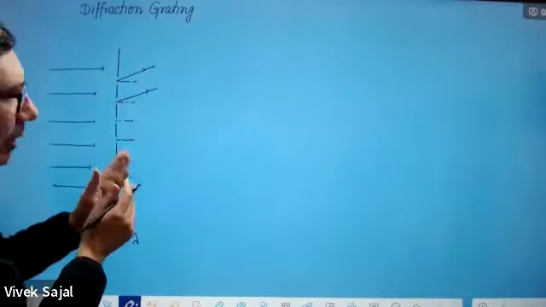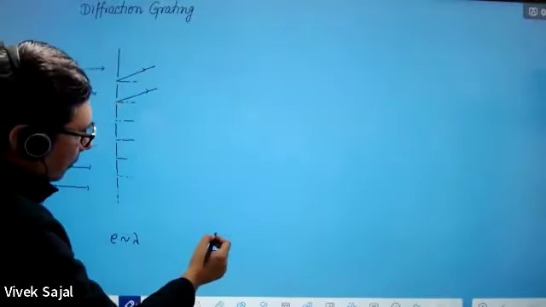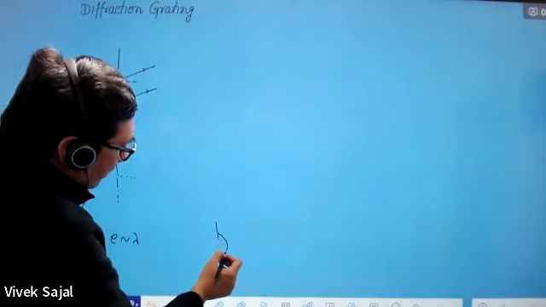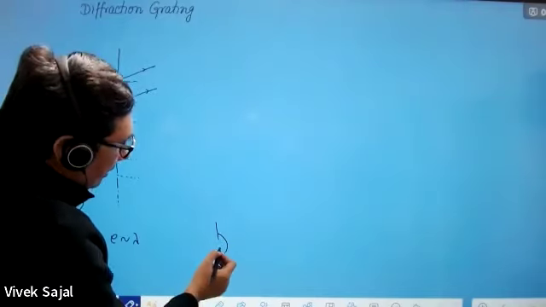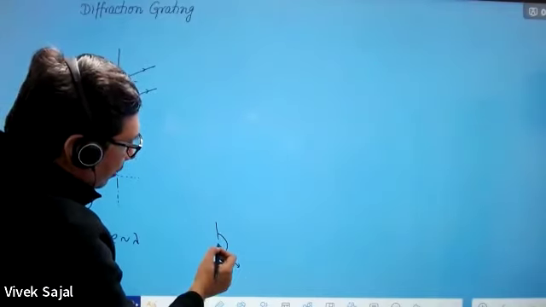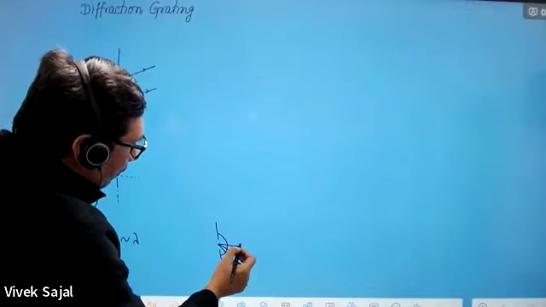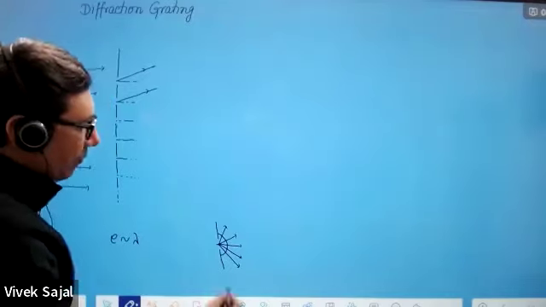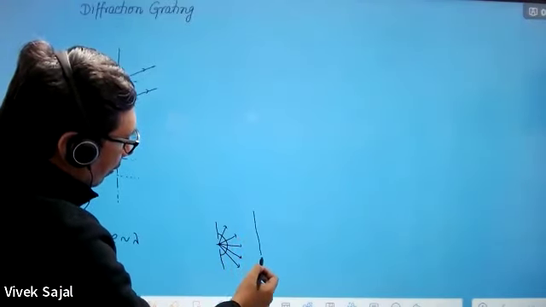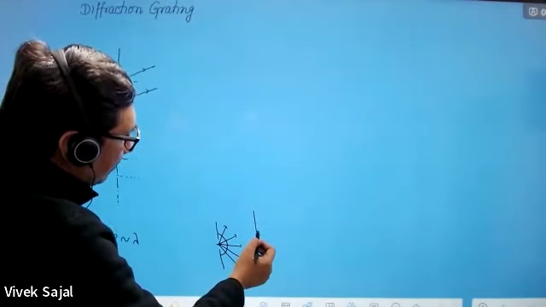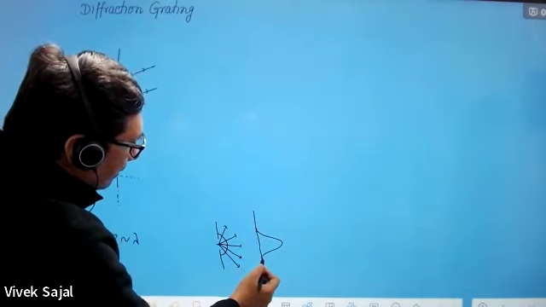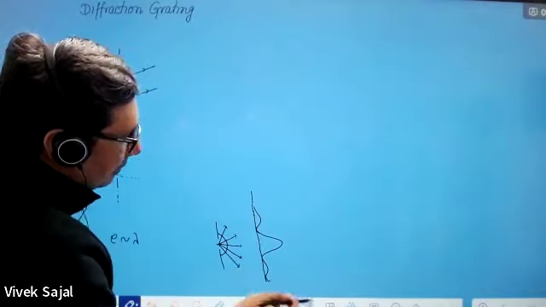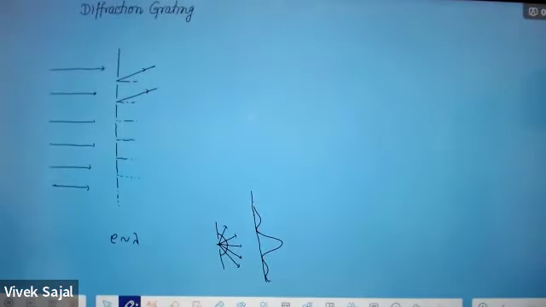From every slit, light is emerging and this is the diffracted light. The intensity of the light changes from one angle to another. In different directions, the intensity will be different. If you observe the single slit diffraction pattern, you are aware that this type of pattern we are going to get. So in every direction, light of different intensity is propagating.